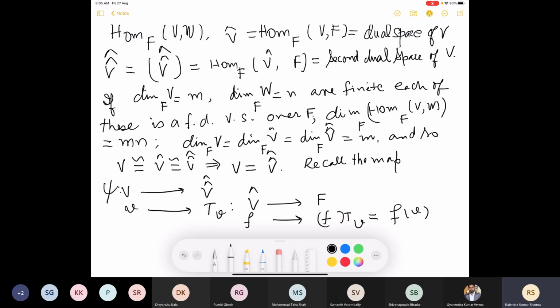Now this f(v), because f is from V to F, v goes to f(v), so f(v) is a scalar. And we had proved that this is actually an isomorphism.